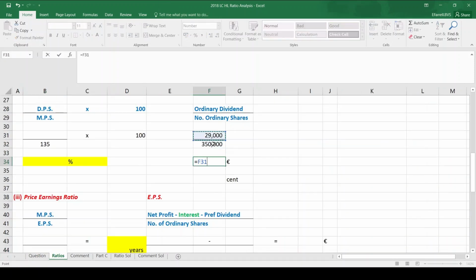So again, I'm going to divide those, and that comes to 0.0829, and that's in euros, because these figures are in euros. So to get it into cent, I'm just going to move the decimal over 2 places, so it's going to be 8.29 cent.